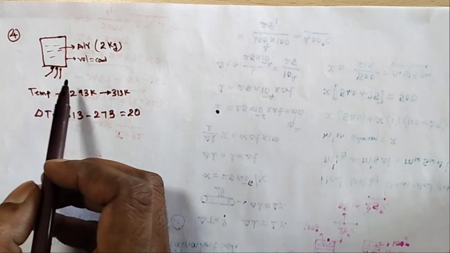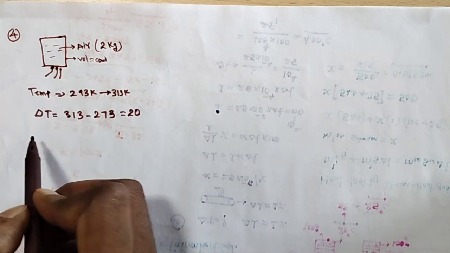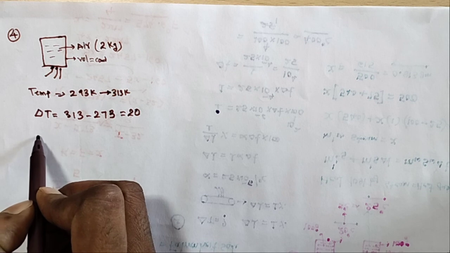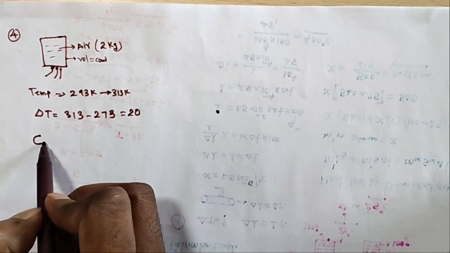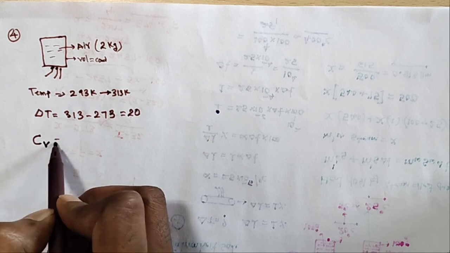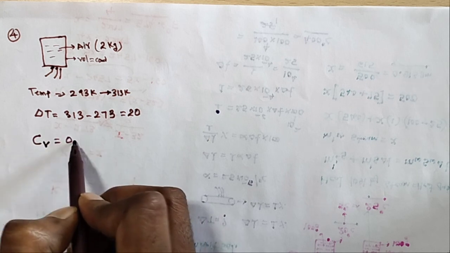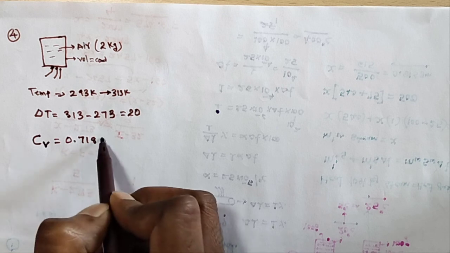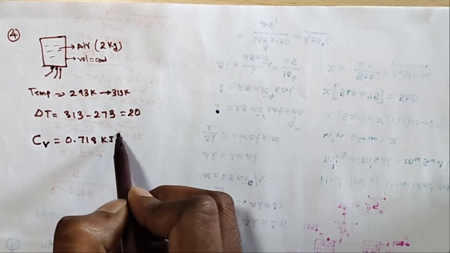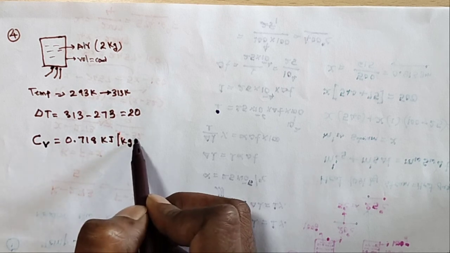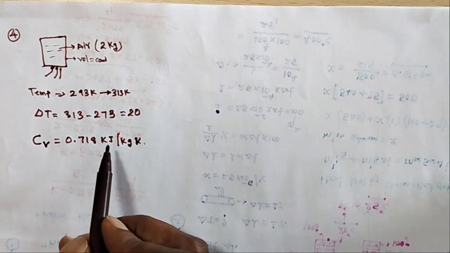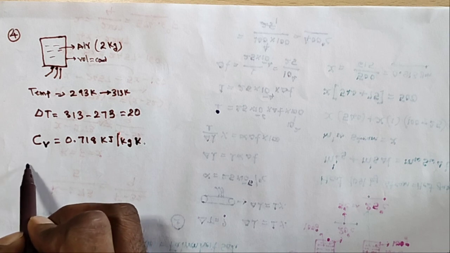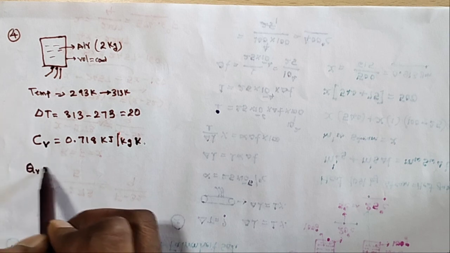And here the specific heat of air is given. I am taking the specific heat symbol C. At constant volume, C_V is given: 0.718 kilojoule per kg Kelvin. So find how much amount of heat is absorbed, that is Q_V.